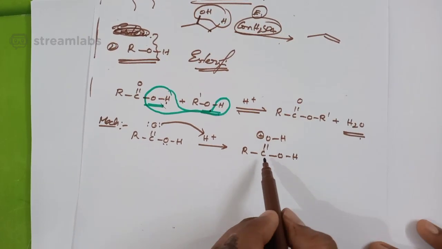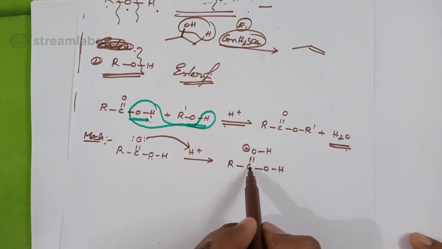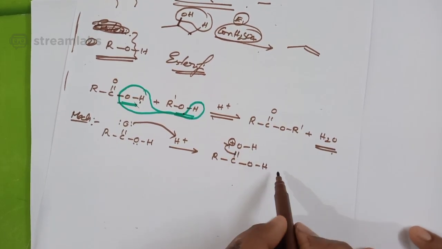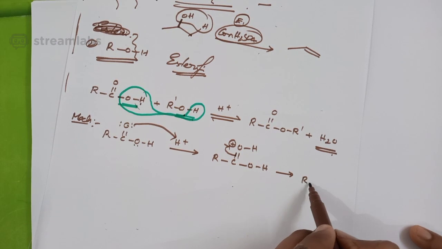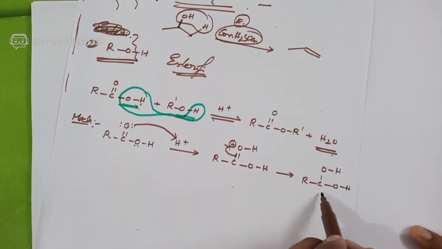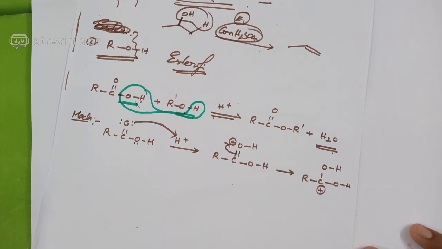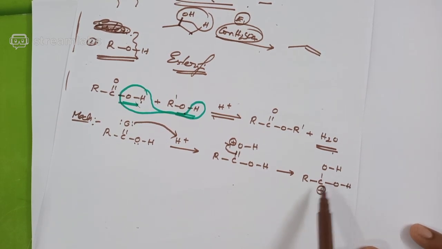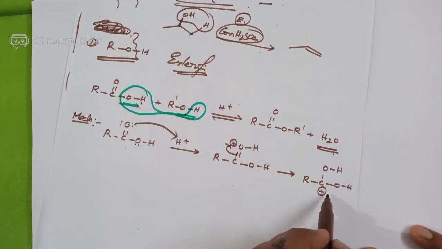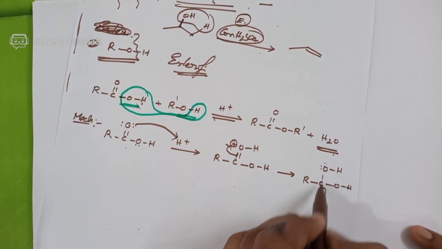Now this carbon having a double bond, see this bond shift here, because O plus is highly unstable, it gives RC OH OH, and here plus, RCOOH plus. That's why I took carboxylic acid first, because this carbocation is more stable with resonance.